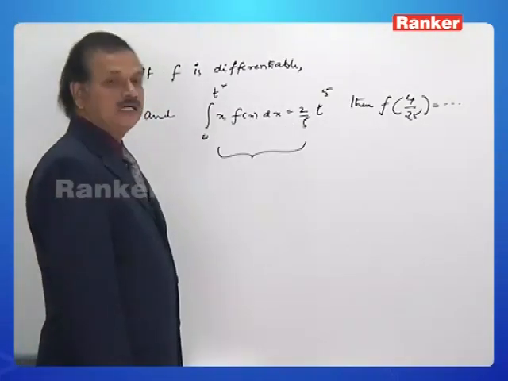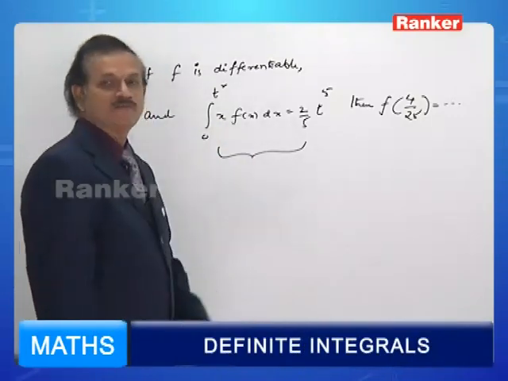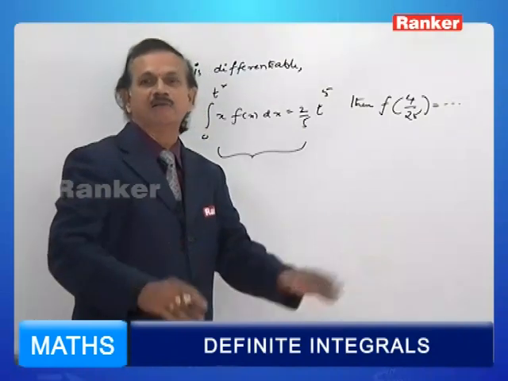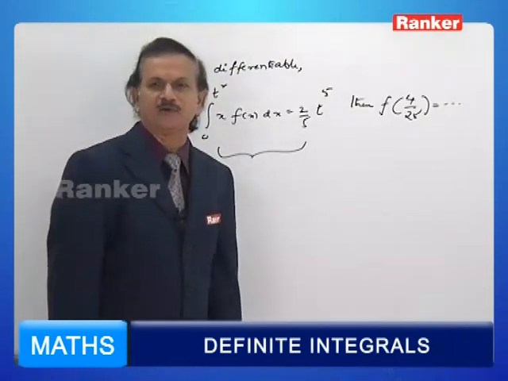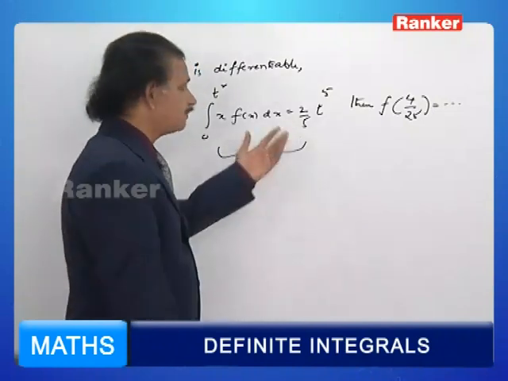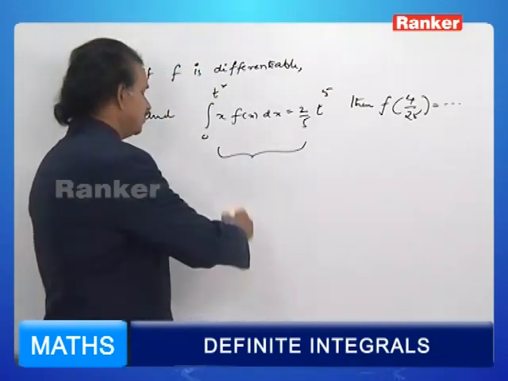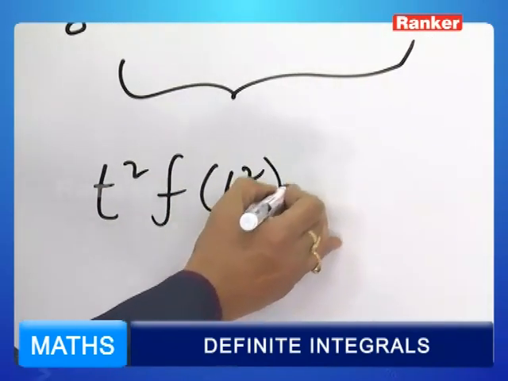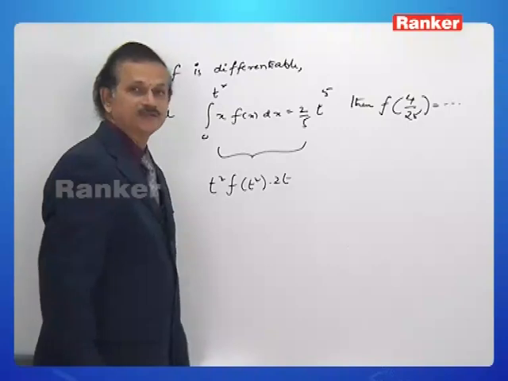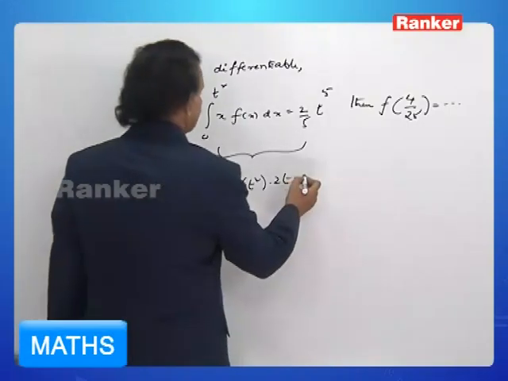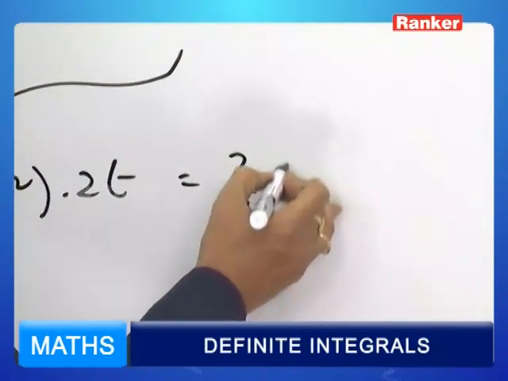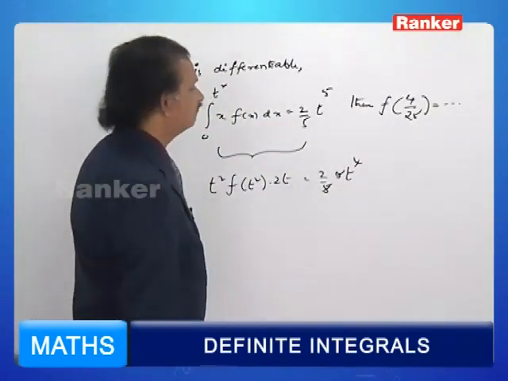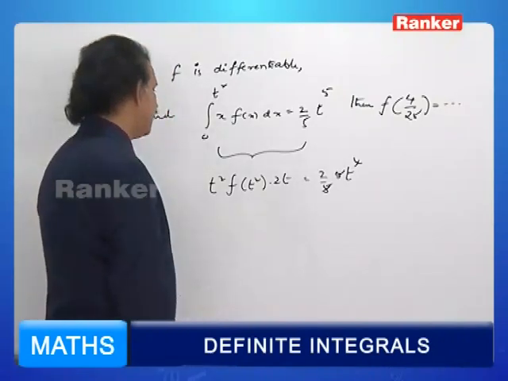In the data, integral of x into f of x is given, and in the requirement, we are just supposed to have f of. There itself, we can get the idea of differentiating this step on both sides. Come on, do that. This is t square into f of t square into 2t by using Lagrange's rule is equal to 2 by 5 into 5t power 4. 5 and 5 will go away.